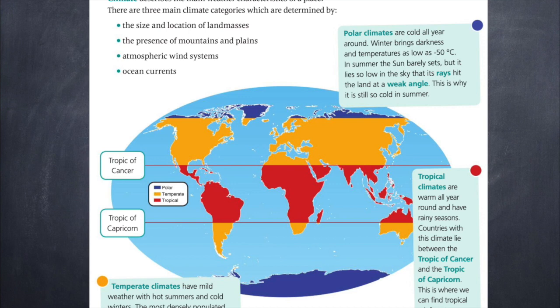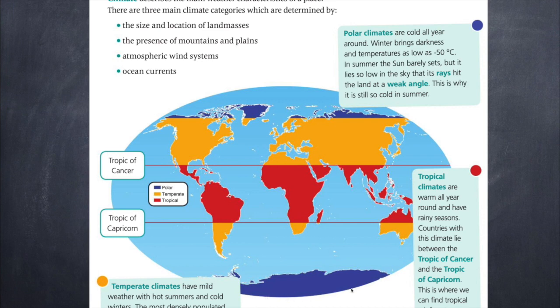The climate between the Tropic of Cancer and the North Pole, and between the Tropic of Capricorn and the South Pole, is called temperate. In this type of climate, we have hot summers and cold winters. We have to add that the most densely populated parts of the world lie in this region.